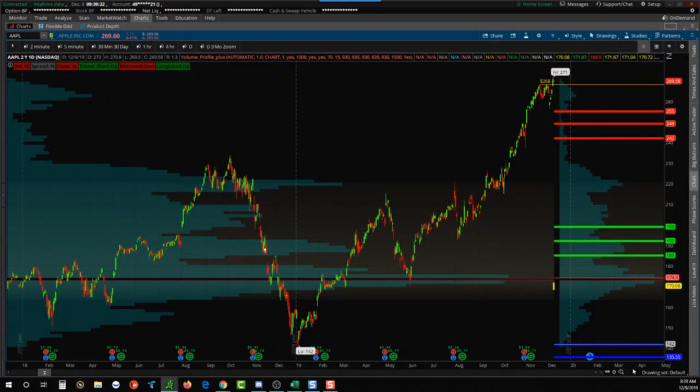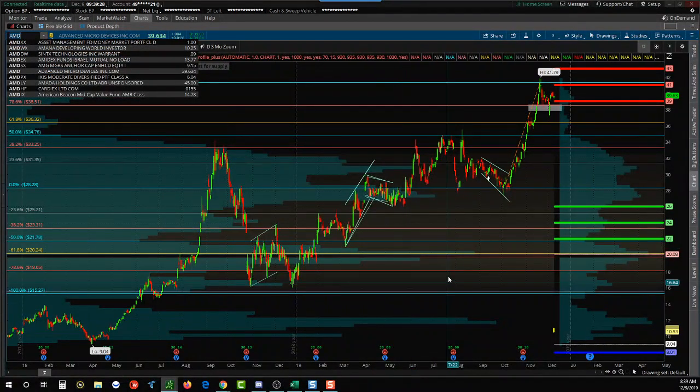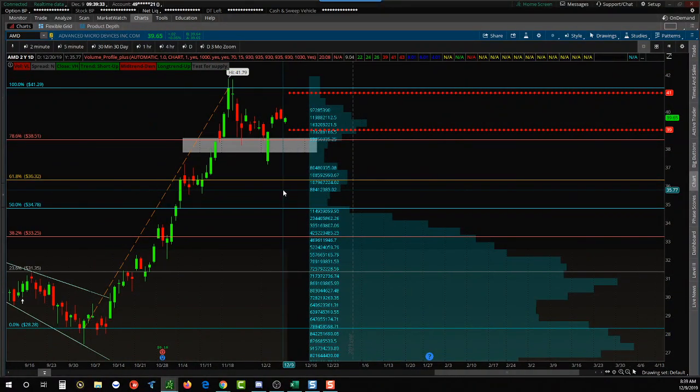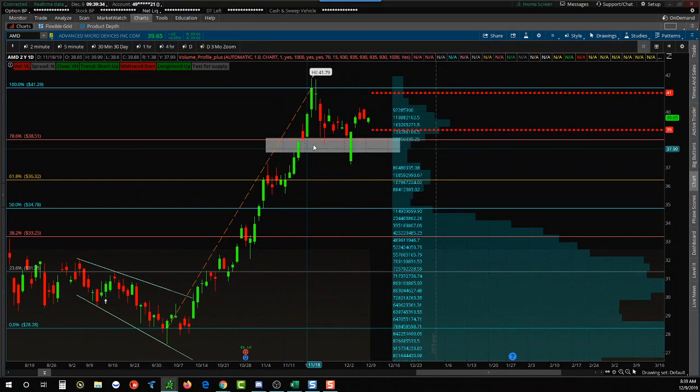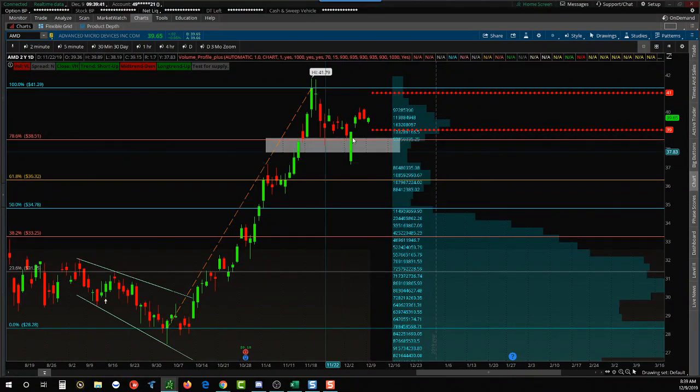Well, while that scan is scanning, we had a question about AMD. So we had this 786 fib level, which is right where my box is. And it didn't hold that support at all. In fact, it gapped down, broke through it, just crash and burn.